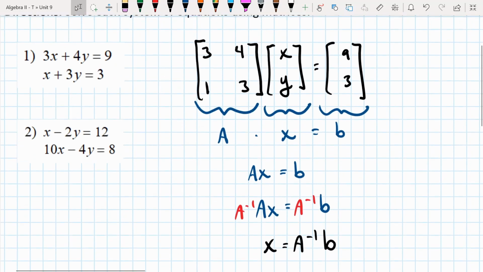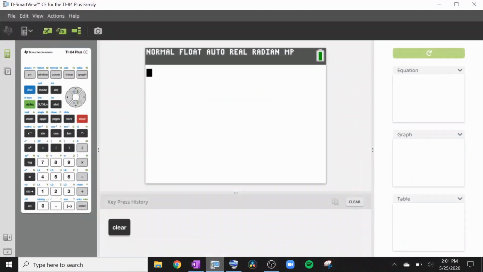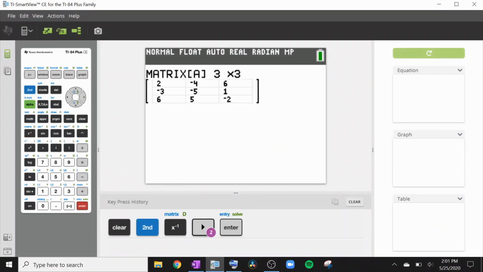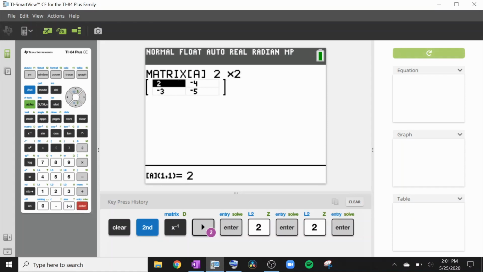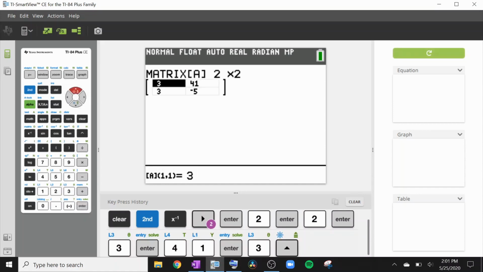Okay, so what we're going to do is go to our calculator. In our calculator, we're going to use the matrix function, and I'm going to plug in this 2 by 2 matrix here. So let's change this to a 2 by 2. And the matrix we used was 3, 4, 1, and 3.